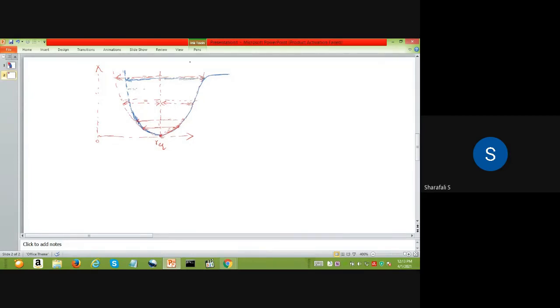So in this case your molecule will have some kind of anharmonic oscillation, because the distance from the equilibrium point is not constant while stretching and compressing. In the stretching part it has more distance as compared to the other side, so your oscillation will become anharmonic in nature.